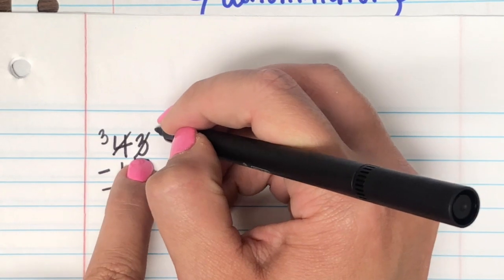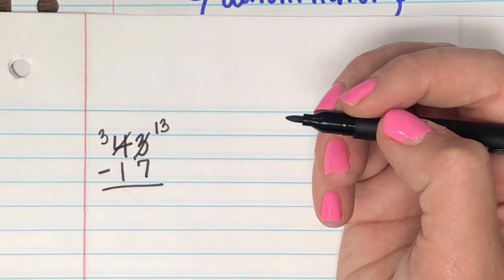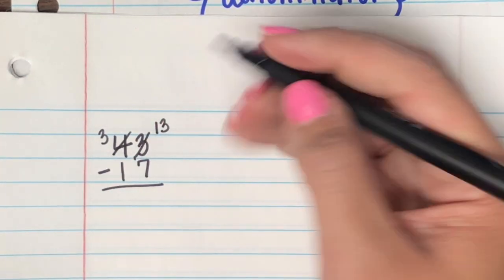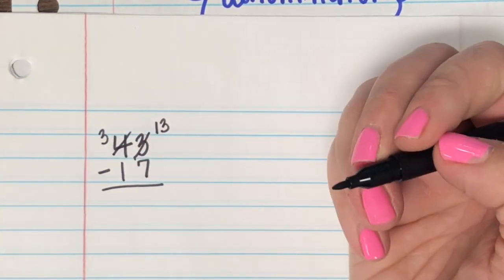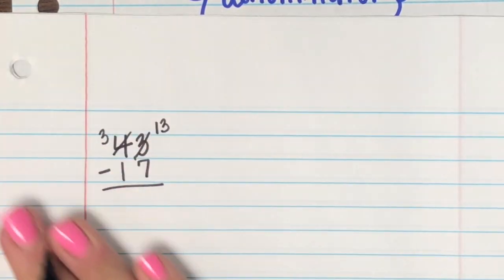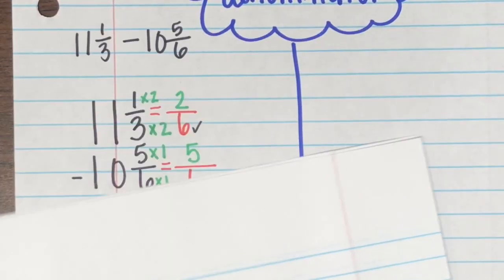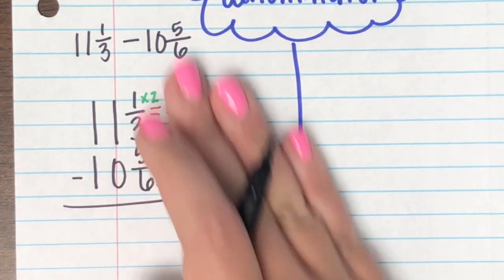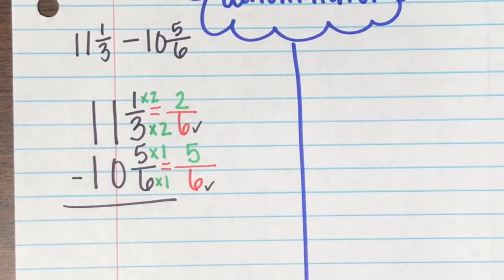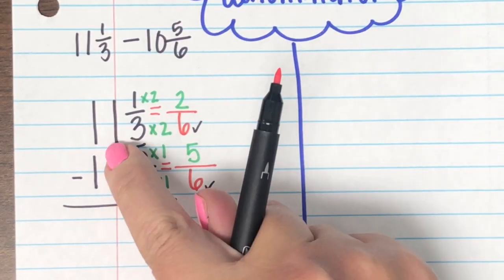So this 3 would then have 10 more, and it would be 13, right? We've been doing this probably since 2nd grade, okay? So this borrowing scenario is the same thing that we're about to talk about right here. So just keep that in mind, okay? So I need to borrow from the 11.